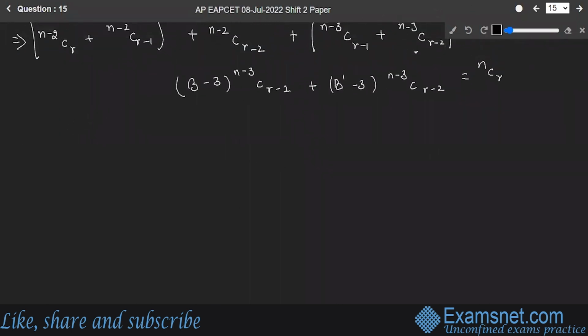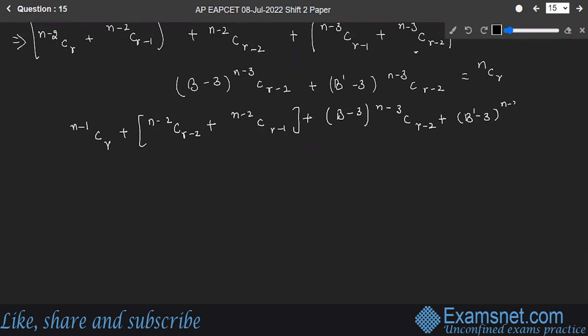Now this can be written as n-1Cr plus n-2Cr-2 plus n-2Cr-1 plus (b minus 3) n-3Cr-2 plus (b dash minus 3) n-3Cr-2. This is equal to nCr. Hope you are clear till here.